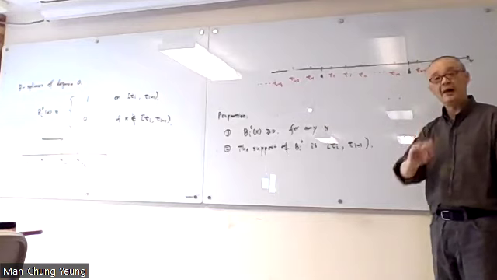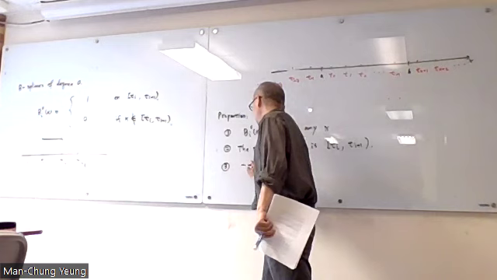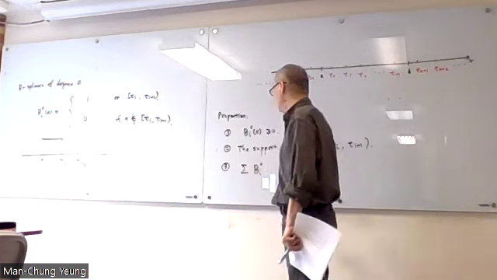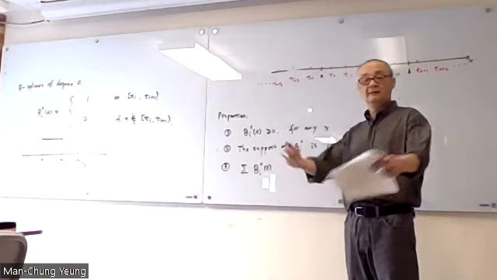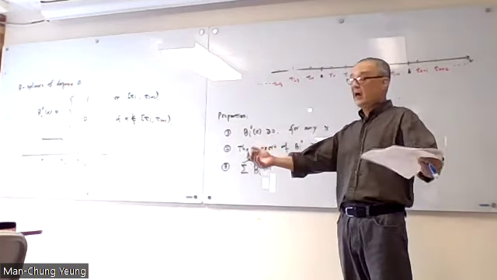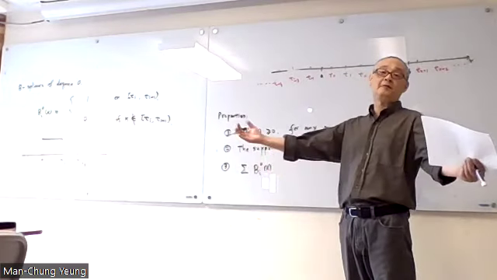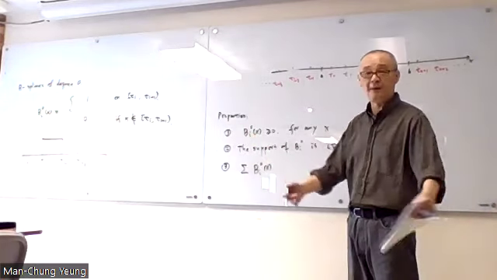Property number 3, important. The summation of B i 0 of x, where i is any integer, negative 1 million, negative 1 billion can be okay.